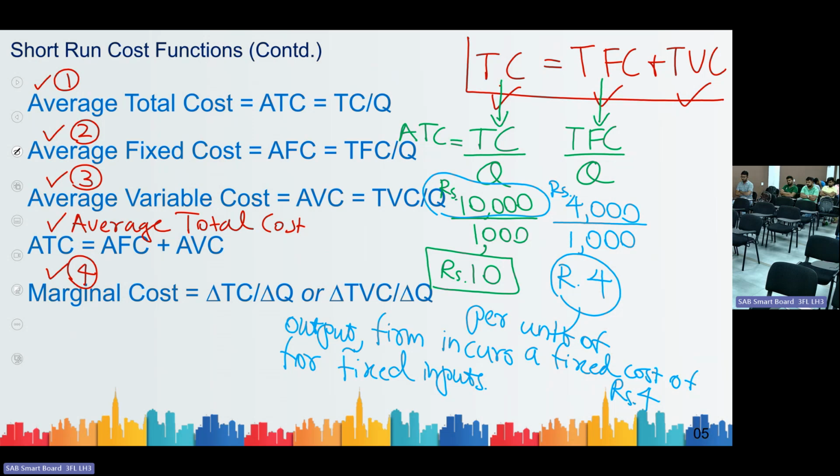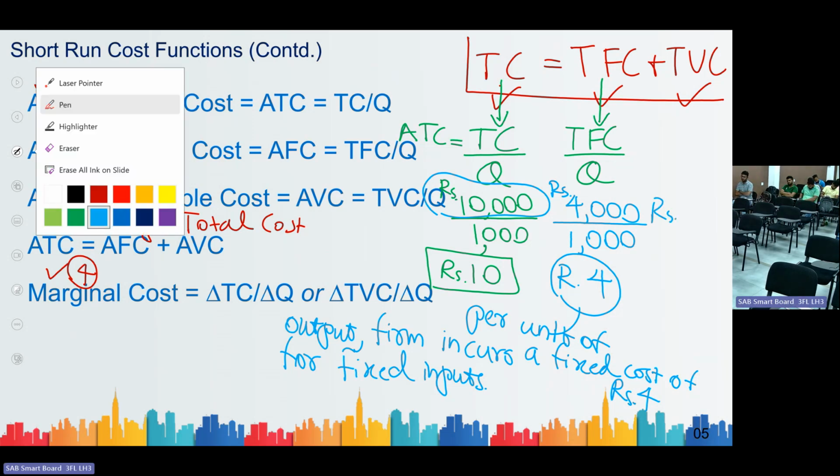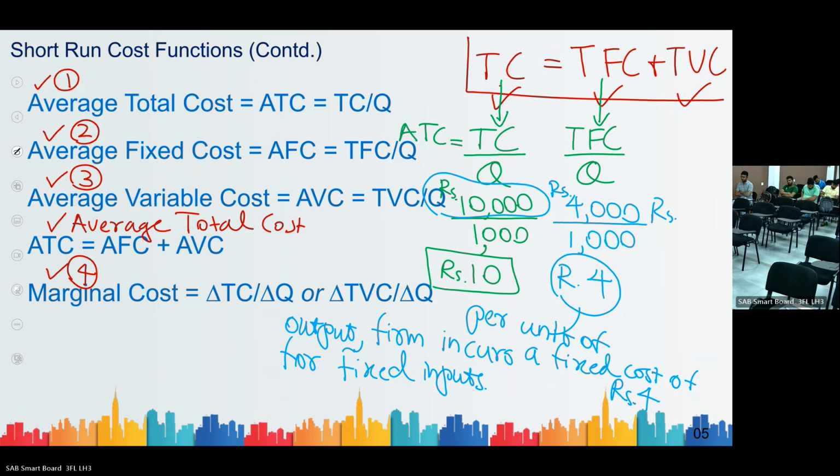So out of 10,000 rupees of total cost, 4,000 rupees is total fixed cost. The remaining 6,000 rupees is total variable cost.